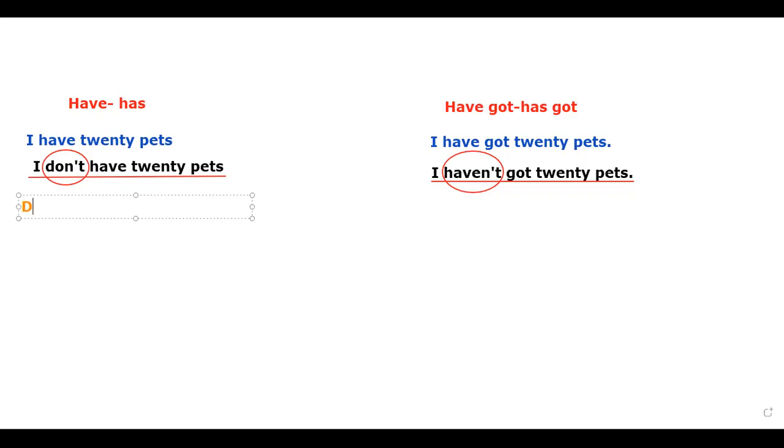So, question: do you have 20 pets? Here, as I told you, we are using the auxiliary verb do or does, okay? Do or does depending on the subject pronouns, okay?